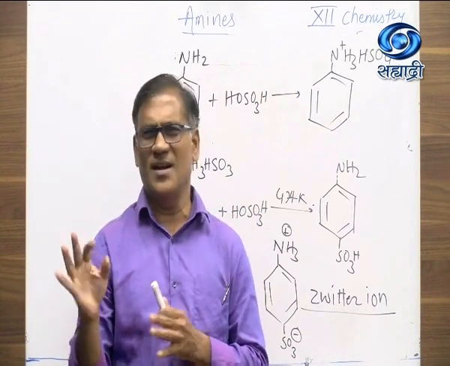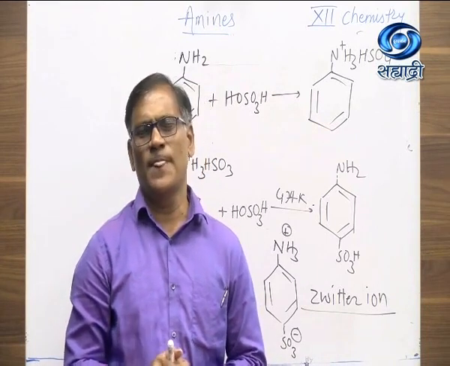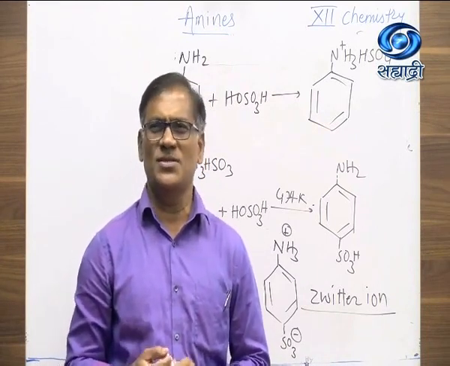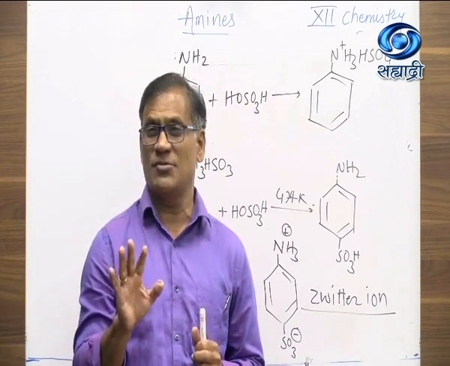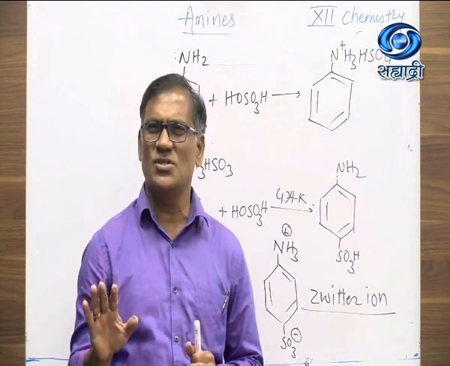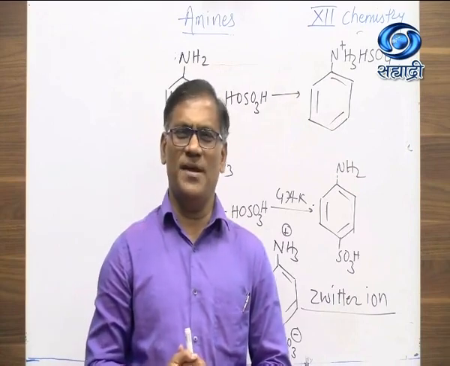So 3 reactions are different, and the remaining reactions are from primary, secondary and tertiary amines. This way we have finished this very important chapter. Again I tell you, this chapter is asked in the board examination, as 3 marks compulsory questions and 4 marks with options. Okay students, thank you very much.